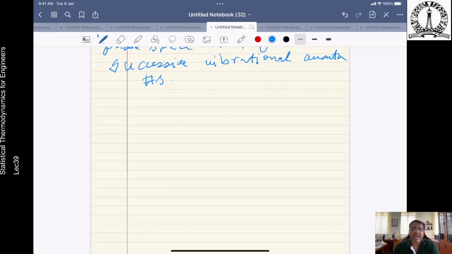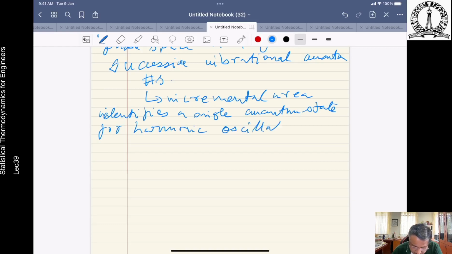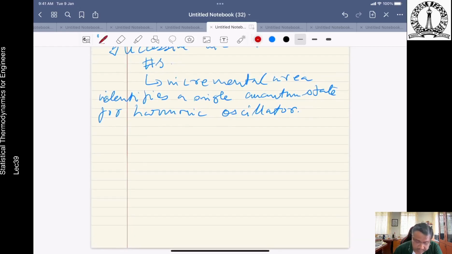This incremental area identifies a single quantum state for the harmonic oscillator. Now draw this.